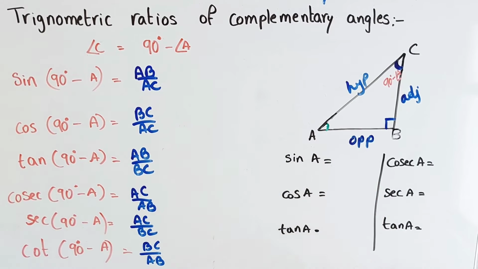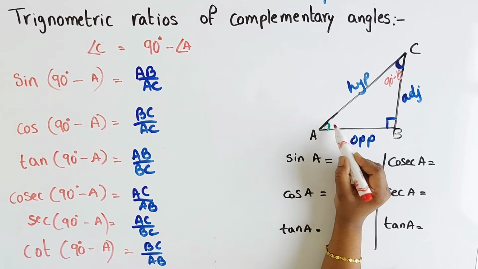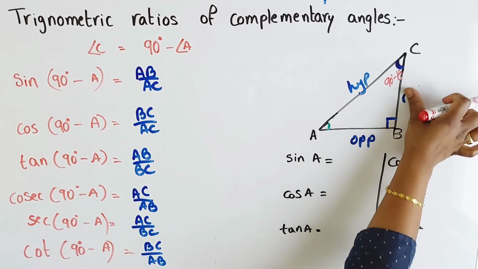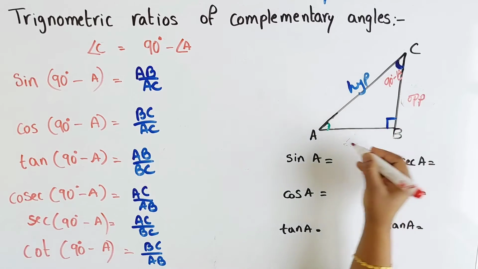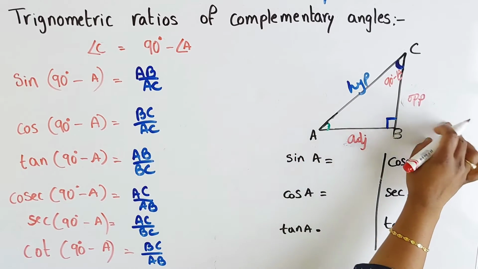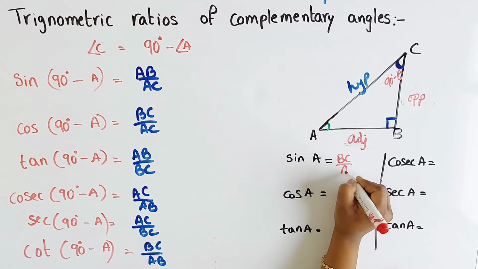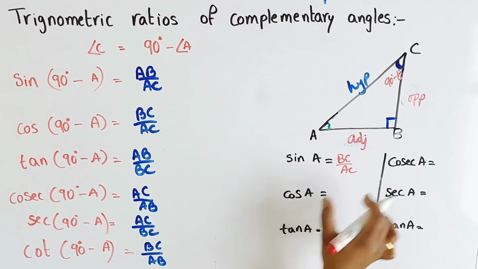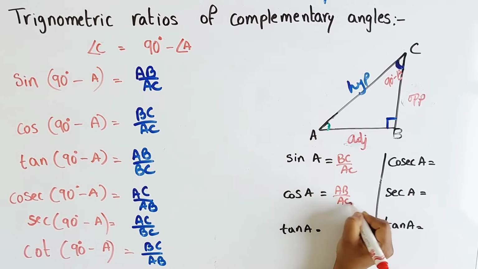Now we will write the ratios for sin A, cos A, tan A, children. Consider this angle now. Right? Now this will be opposite and this will be adjacent. Now tell me, sin A equal to opposite by hypotenuse, that is BC by AC. Cos A equal to adjacent by hypotenuse, AB by AC.